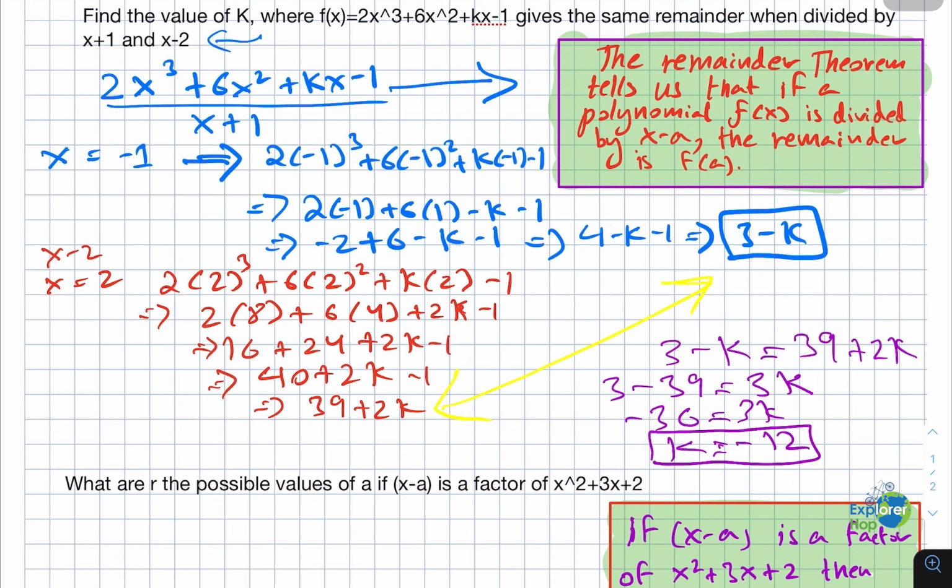So that's the value of k, where f of x equals 2x cubed plus 6x squared plus kx minus 1 gives us the same remainder when divided by x plus 1 and x minus 2. That's your answer. Now let's look at part B.